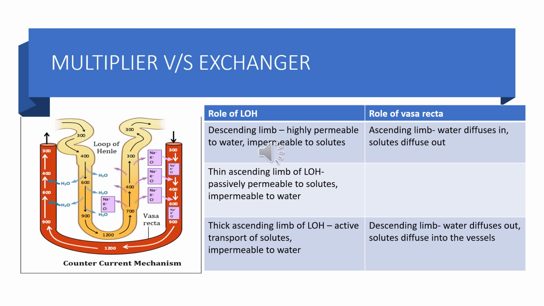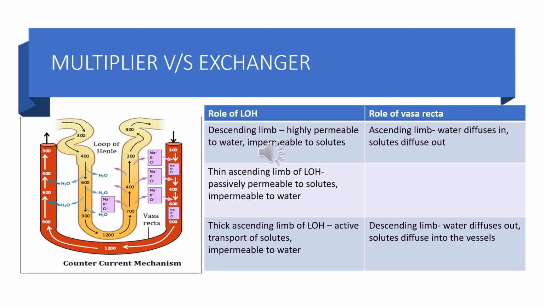In the thin ascending limb of loop of Henle, there occurs some passive reabsorption of solutes. So every time the fluid passes the thin ascending limb of loop of Henle, extra solutes are being added into the medullary interstitium, which accounts for its hyperosmolality.